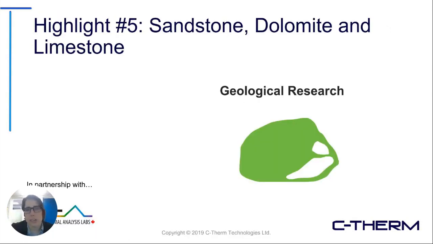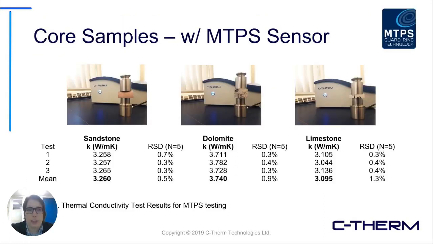The fifth highlight is looking at some work we did in our application lab, looking specifically at geological research samples, the sandstone, dolomite, and limestone. You can see on this slide the test setup for testing these kinds of materials. It really is quite straightforward. You place the core sample on top of the sensor and then place a weight on top of the core sample.